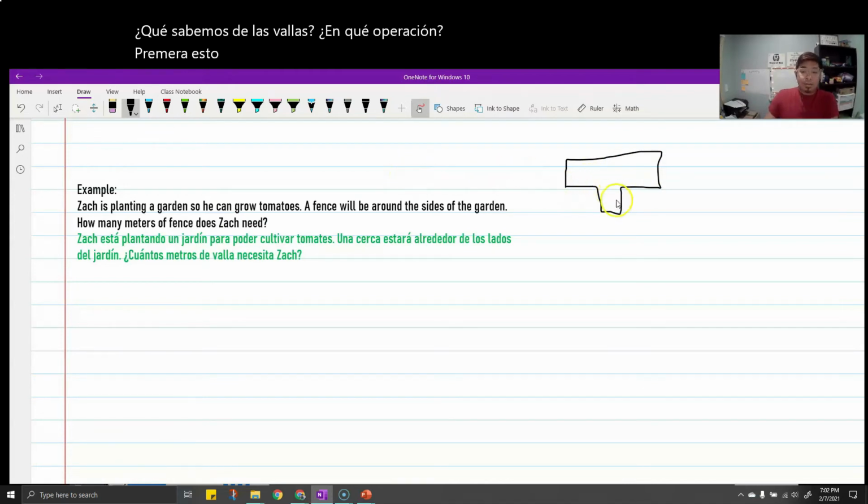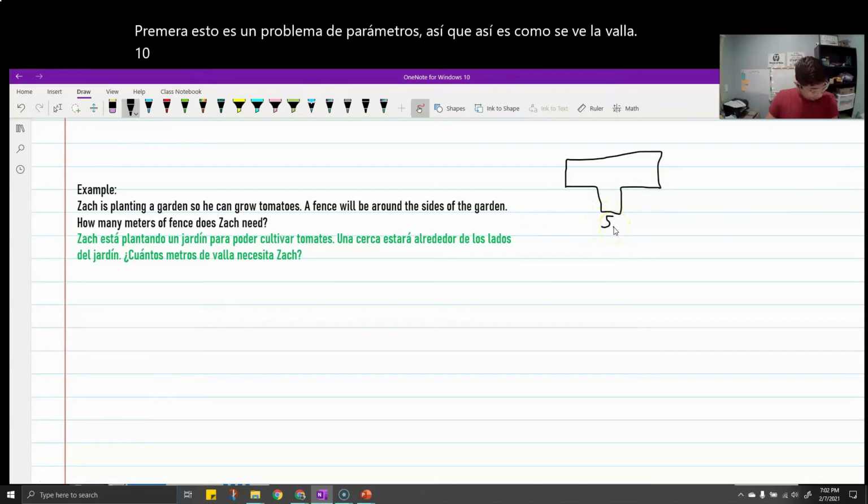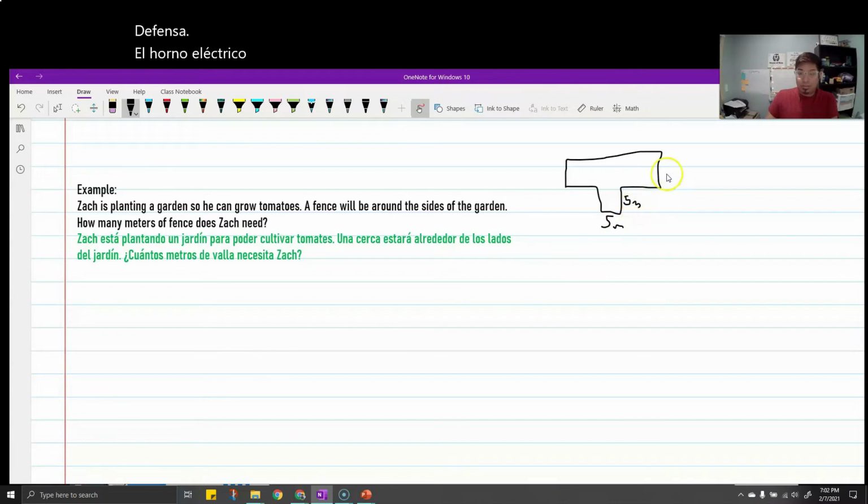So this is what the fence looks like. It has a weird shape to it. This is 20 up here, 20 meters.